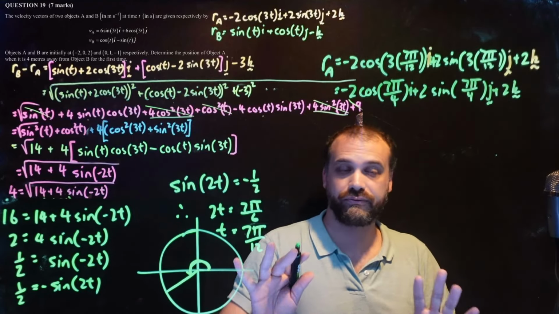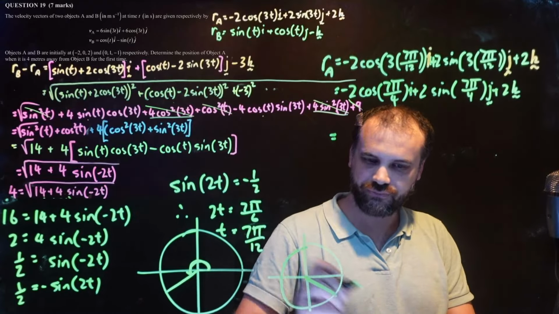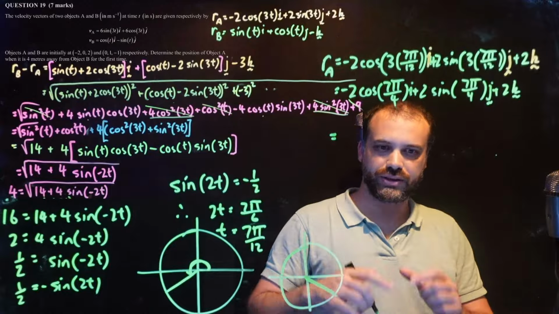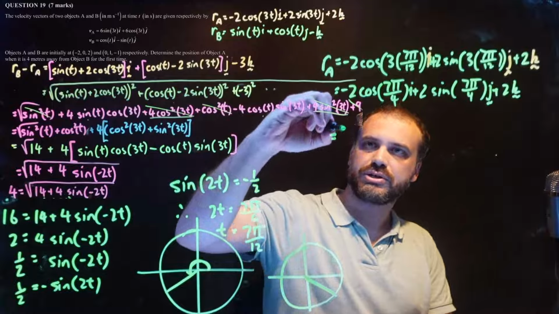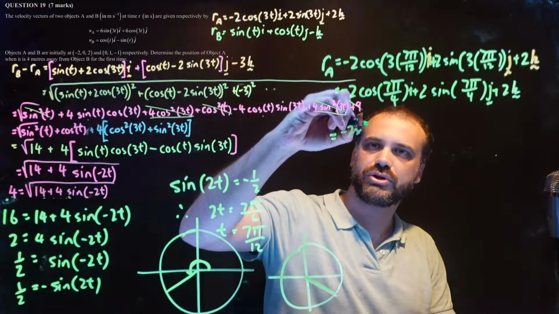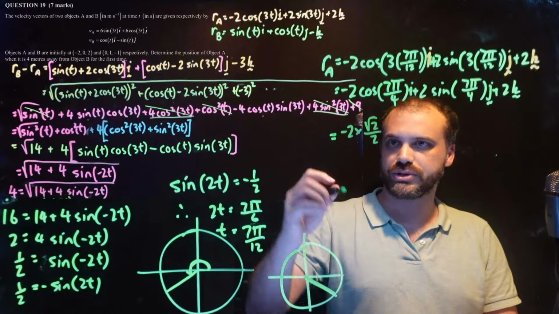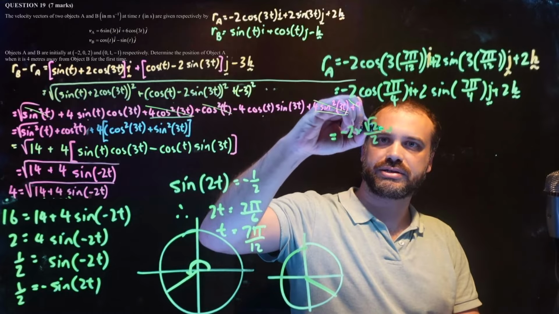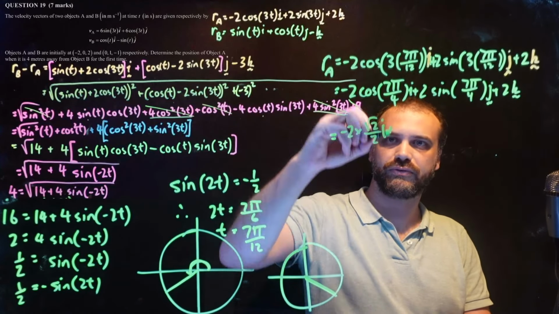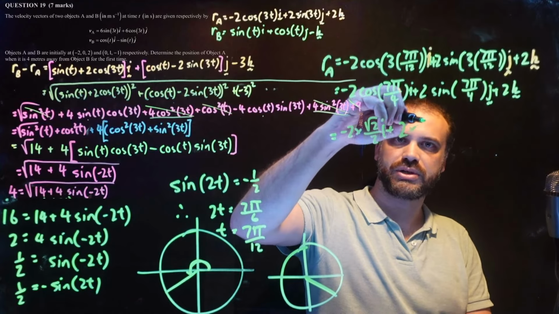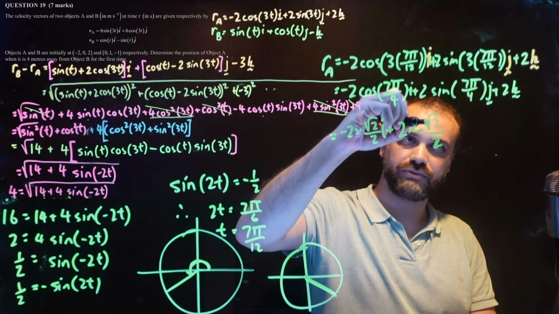All right, we are finished. Our final answer: 7 pi on 4 is that angle right there. The absolute value of it is root 2 on 2. So we've got negative 2 times root 2 on 2. Cos in this quadrant is positive, and that's the i component. Then 2 sine 7 pi on 4, so that's 2 times root 2 on 2, but it's sine in that quadrant, so it's negative.